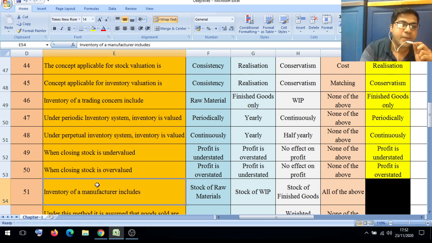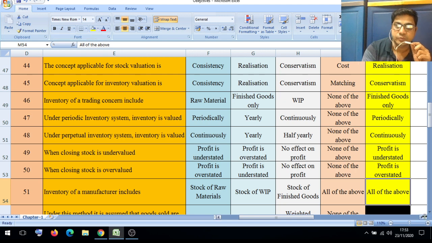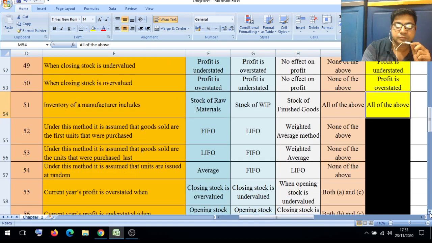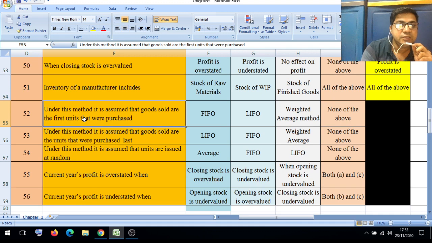Inventory of manufacturer includes stock of raw materials, stock of WIP, stock of finished goods, all of the above. Answer is all of the above. Next, under this method, it is assumed that the goods sold are the first units purchased: FIFO, LIFO, weighted average, none of the above.